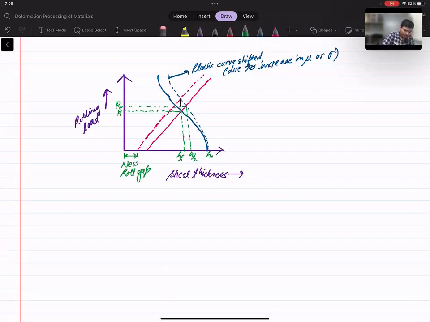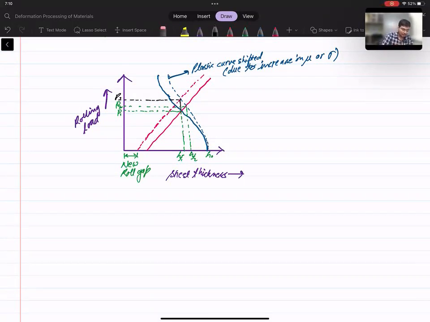And you can see that if we reduce the roll gap, the pressure automatically increases, and now it reaches P3, so that the thickness can be reduced till HF1. Okay, so this will be P3. This happens so as to get the final thickness of HF1. Okay, so this was the entire thing related to elastic and plastic curves.